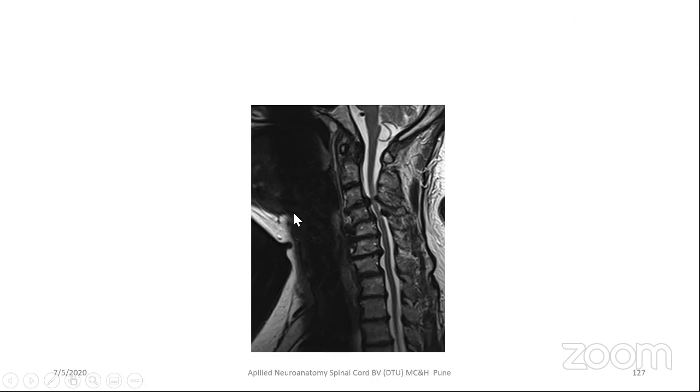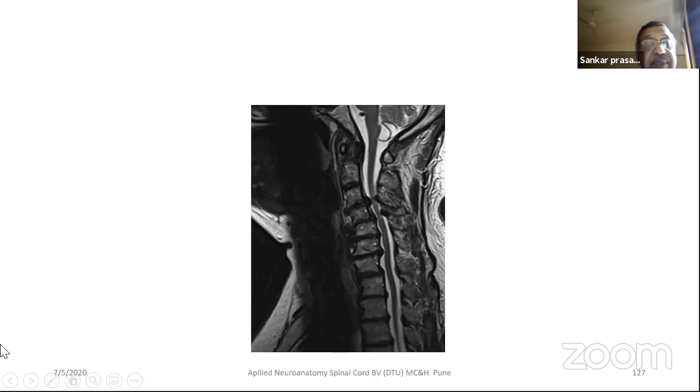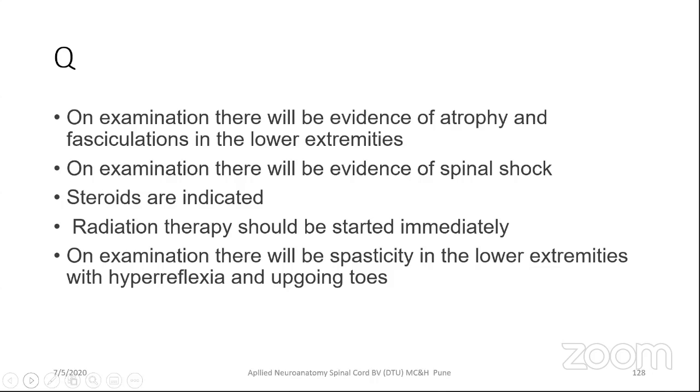Spondylotic myelopathy usually presents with progressive weakness, and it won't cause any pain. It will be progressive. There will be evidence of atrophy and fasciculation in the upper extremities, and there will be spasticity in the lower extremities with hyperreflexia and upgoing toes. That's the correct answer in this case.